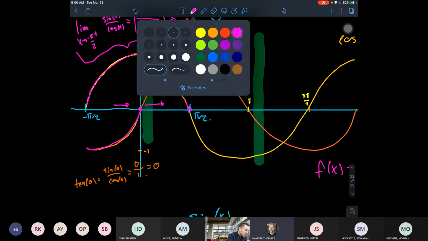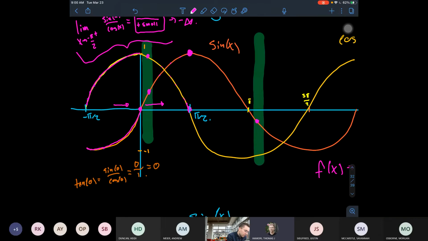Then we can see that although both of our functions are now in the bottom half of the coordinate plane, whereas they were both in the top half, the ratio between the heights will be the same.